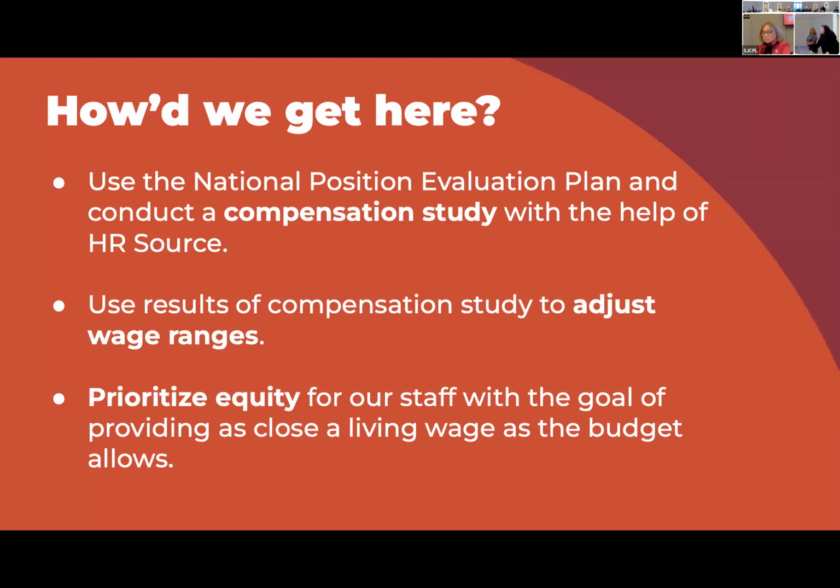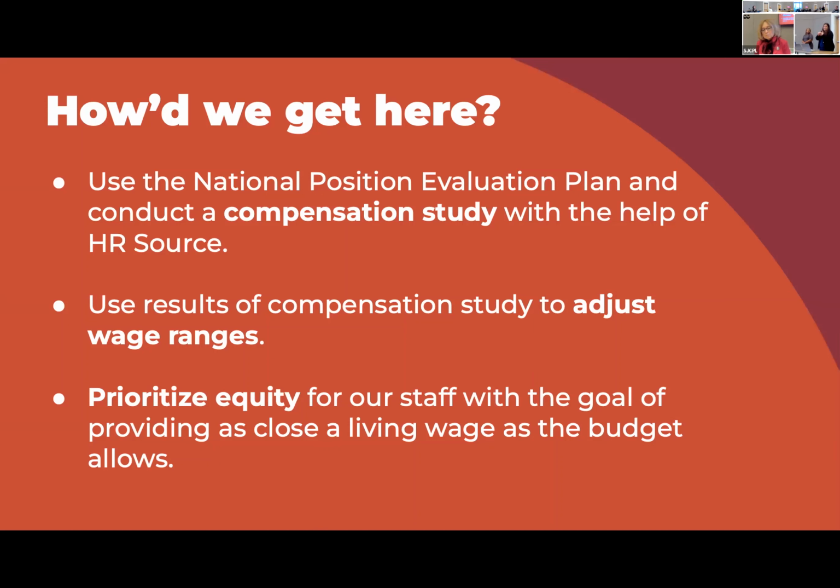Okay, so how did we get to the numbers that are in all of your packets, the ranges that we're proposing? For a number of years, we've used the National Position Evaluation Plan to place positions. And then we did a compensation study with the help of HR Source, which is an organization out of Illinois, but they work with a lot of libraries to do exactly this type of work. So they understand how libraries work.